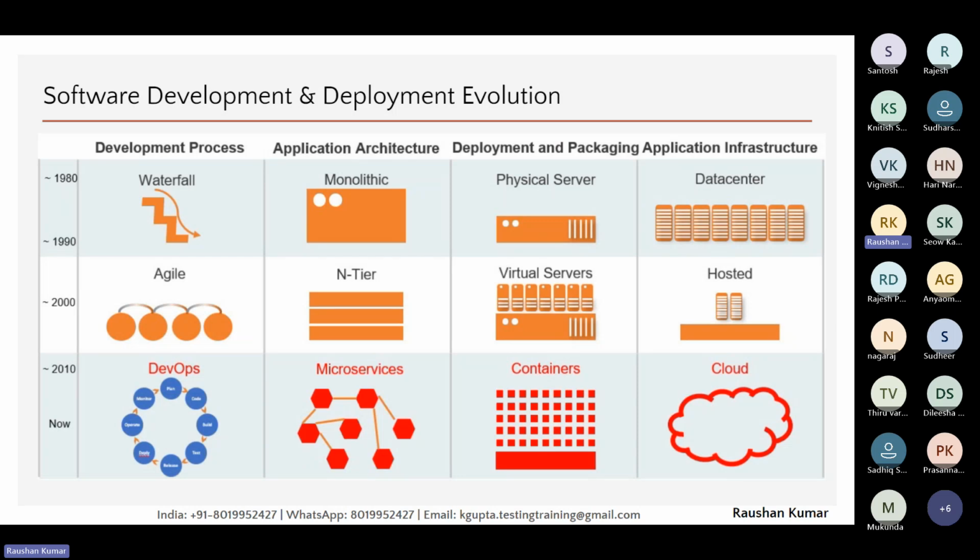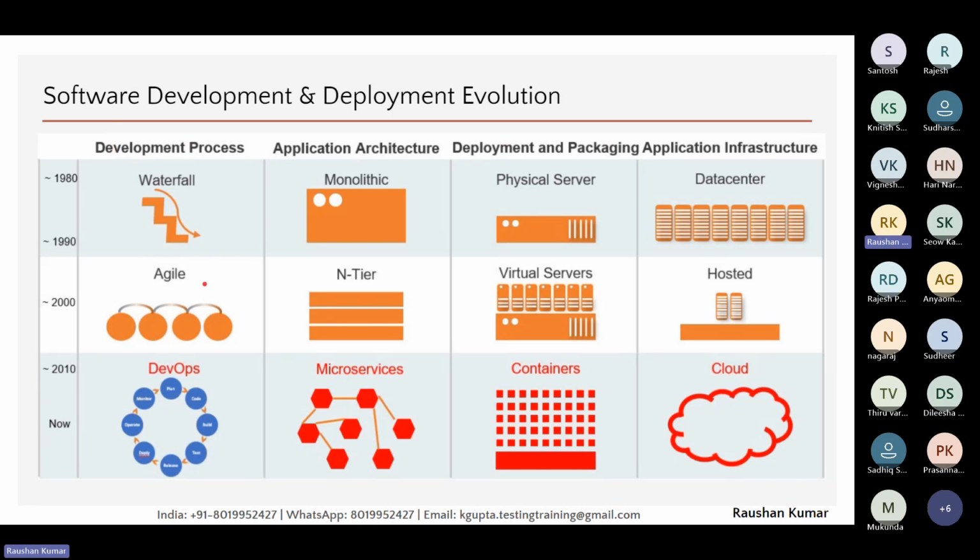When you go over the software development and deployment evolution journey, you will understand the phase that we are in right now. Earlier, if you talk about the deployment process, we started with waterfall, and we moved to agile.